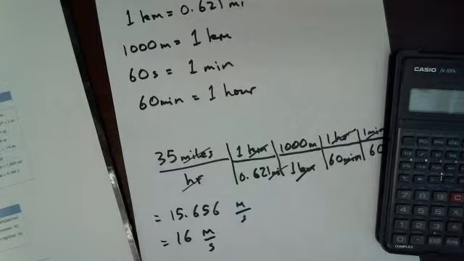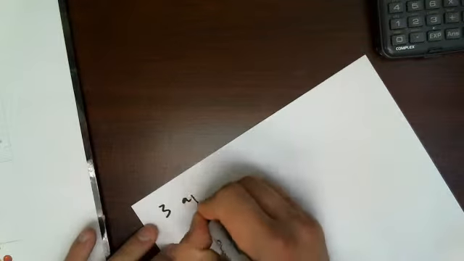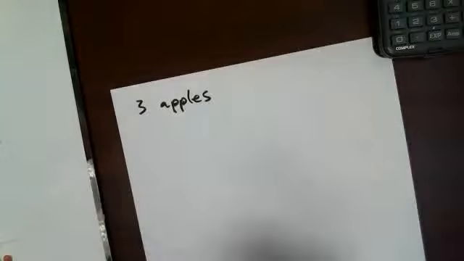Just a word on exact numbers. Sometimes you have exact numbers. For instance, if I said to someone that I have 3 apples, you would know that I have exactly 3 apples, not 3.2 or something like that, because it's an exact number.